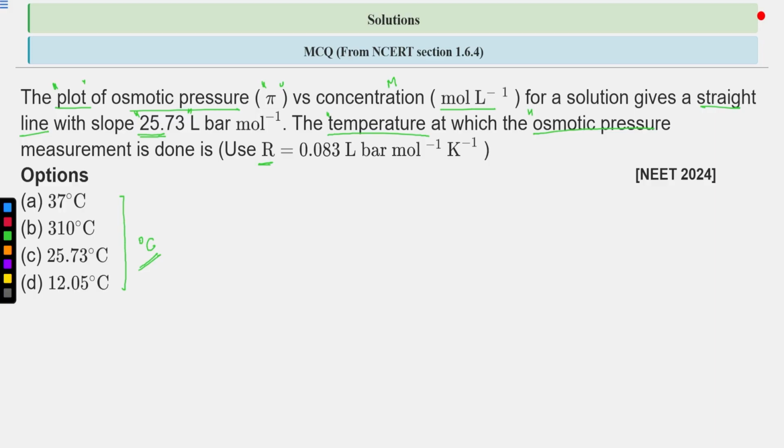So you have to tell which is the temperature at which we will measure the osmotic pressure. You have some time, go through it, try to solve it, and then we will see what will be the value of temperature finally and what will be the answer for this question.